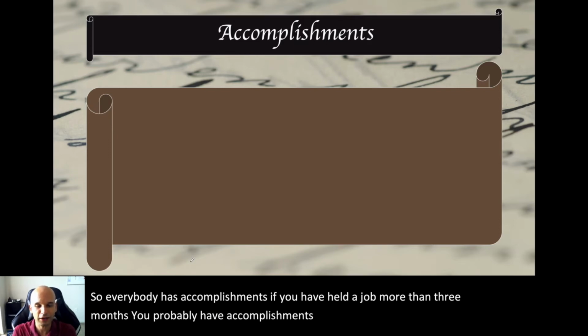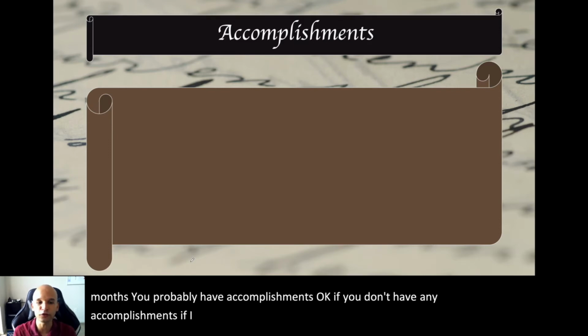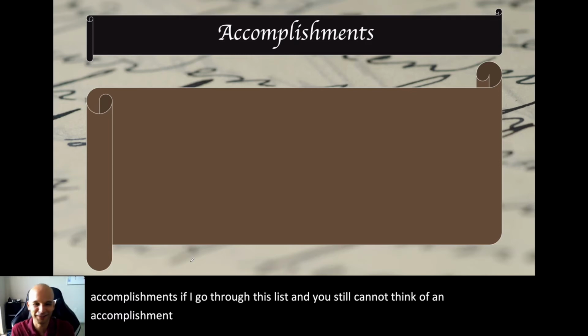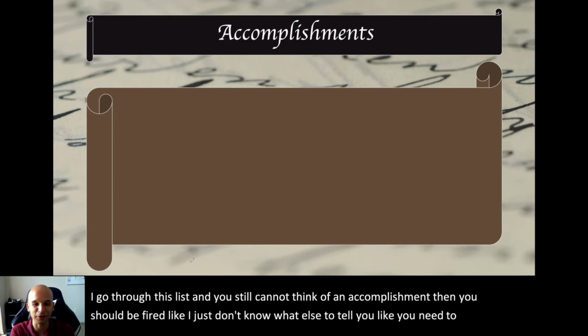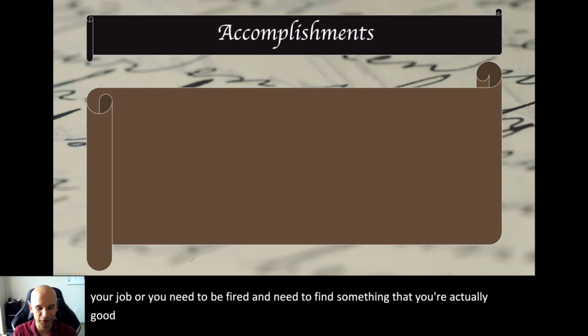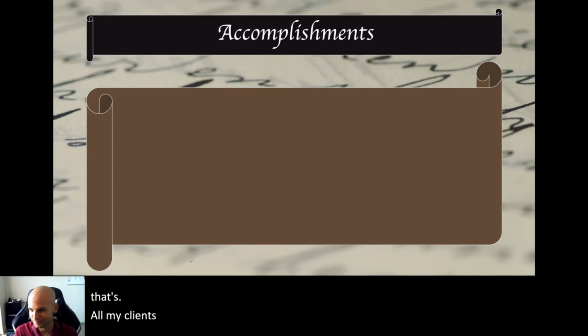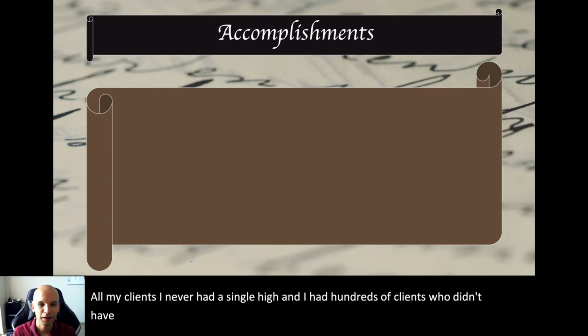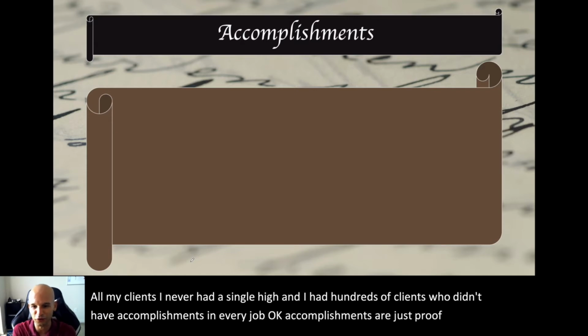If I go through this list and you still cannot think of an accomplishment, then you should be fired. I just don't know what else to tell you. You need to quit your job or be fired and find something you're actually good at. Okay? So everybody has accomplishments. Of all my clients, I never had a single client, and I had hundreds of clients, who didn't have accomplishments in every job. Accomplishments are just proof of proficiency at what you do.